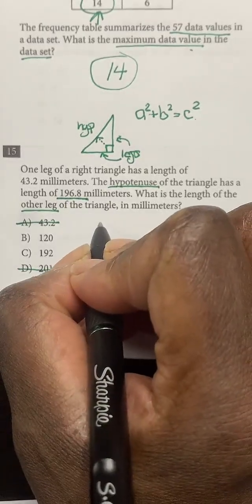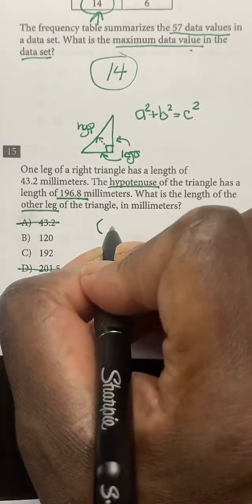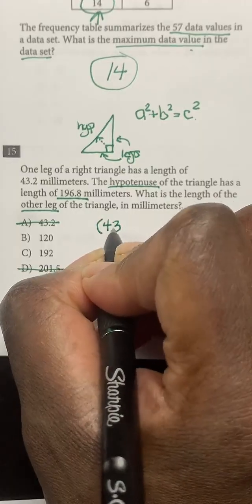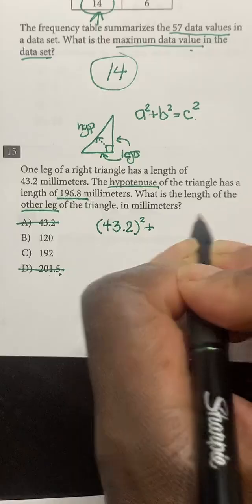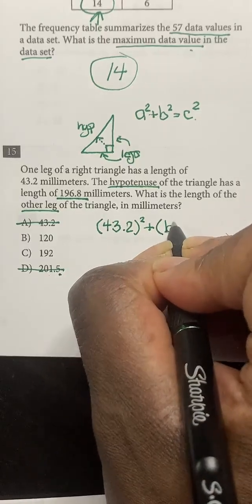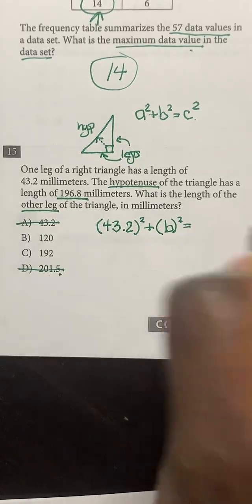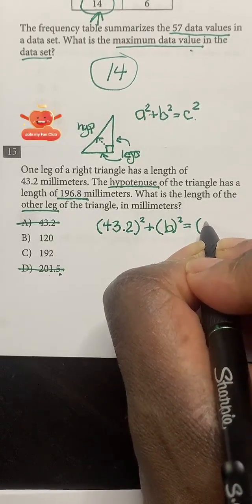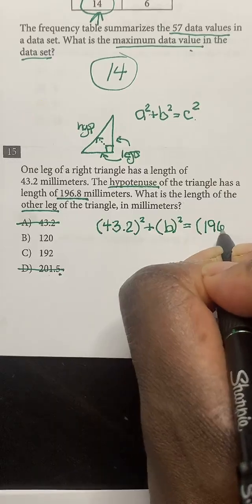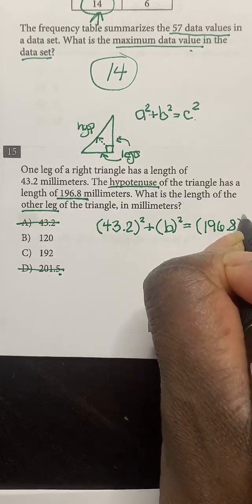So we can say 43.2 squared plus our unknown leg squared is equal to 196.8 squared.